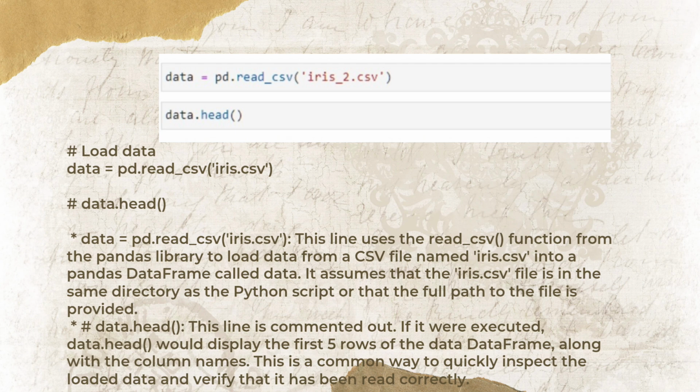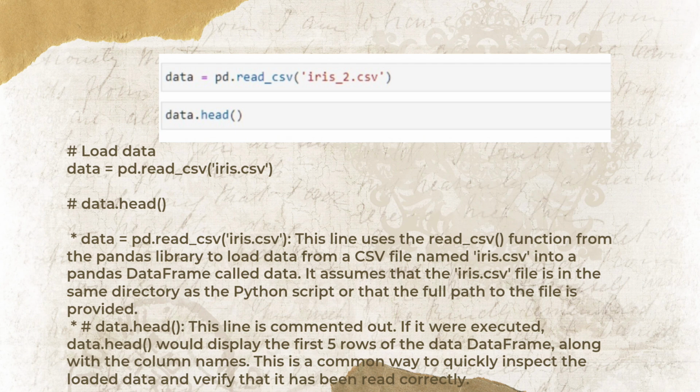Load data: data equals pd.read_csv, iris.csv, then data.head. data equals pd.read_csv, iris.csv. This line uses the read_csv function from the pandas library to load data from a CSV file named iris.csv into a pandas data frame called data.